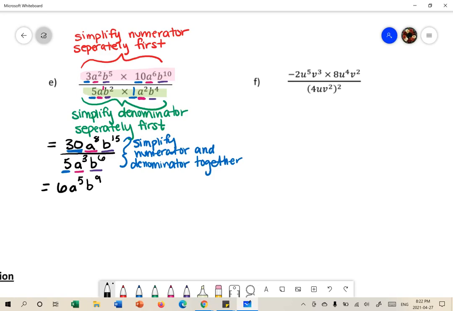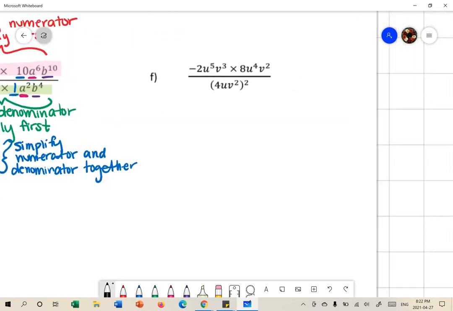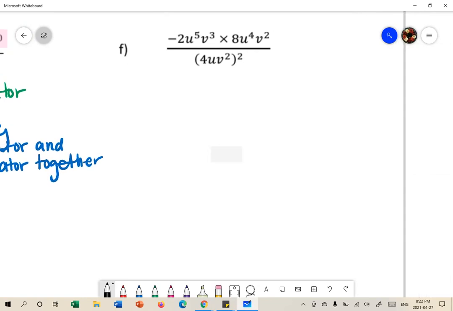Finally, letter F. I'm going to simplify my numerator first, and I'm going to simplify my denominator separately first, and then I can simplify the numerator and denominator together.